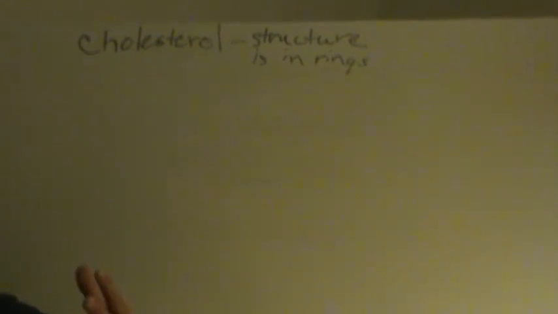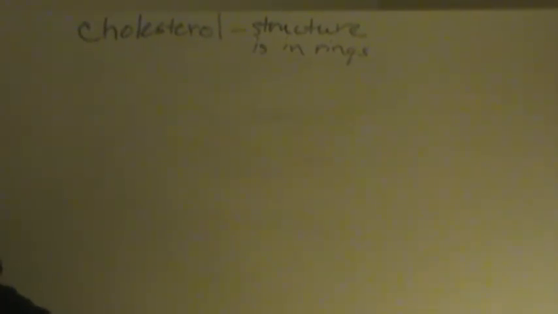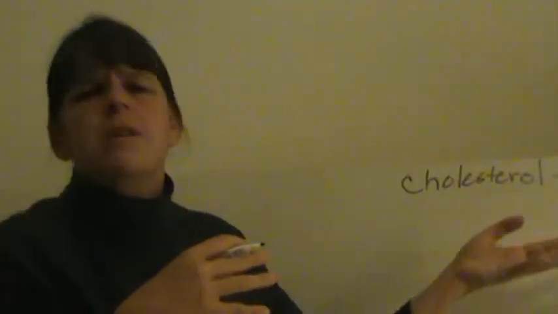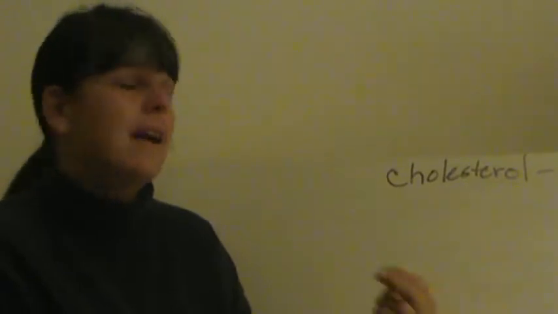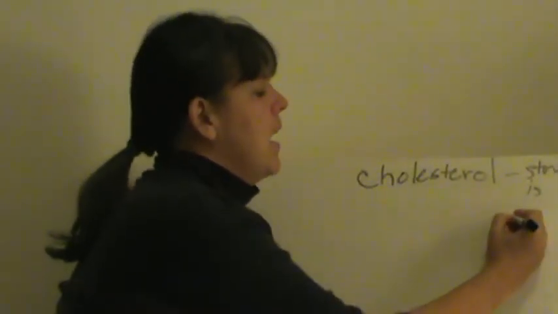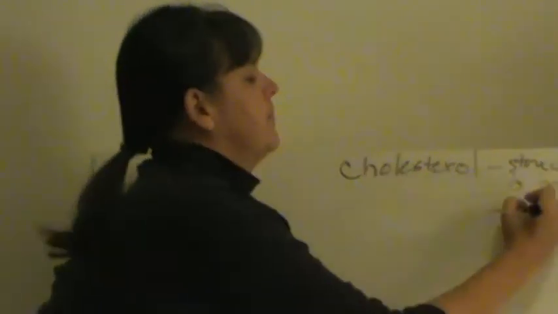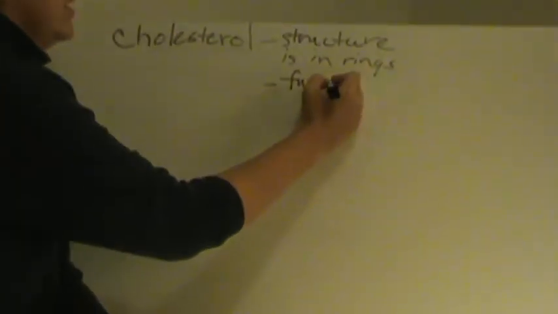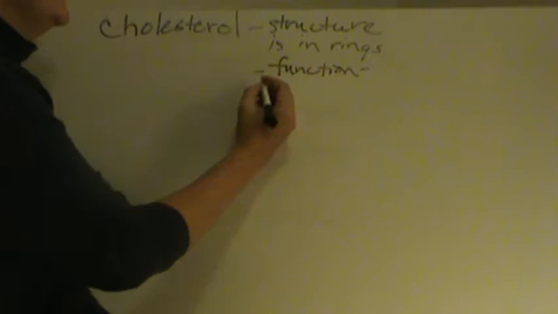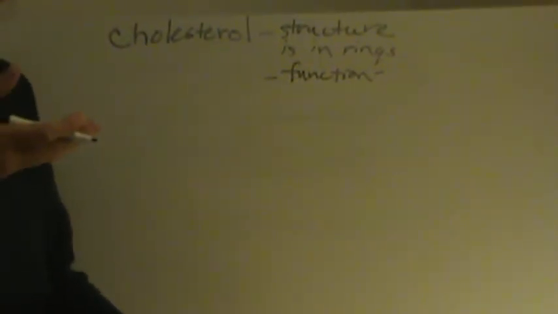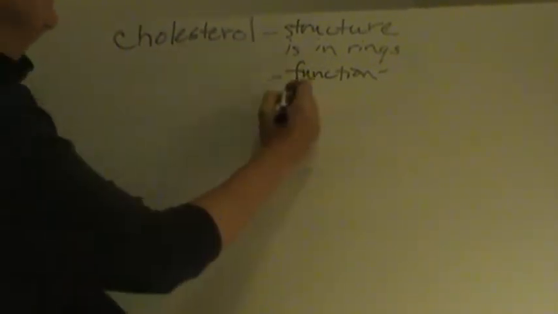So it has a ring structure that's very, very different from either of the other two that we've talked about. We aren't going to be talking about any fatty acid chains. We're talking cholesterol. The second thing that you should know about cholesterol, and this is important, is function. The function of cholesterol is that it is a starter chemical for making steroids.